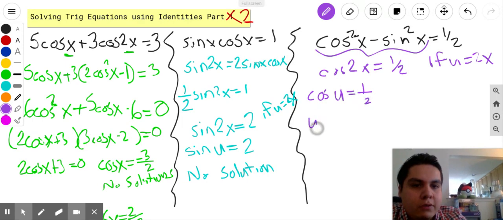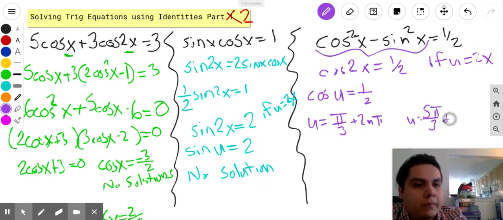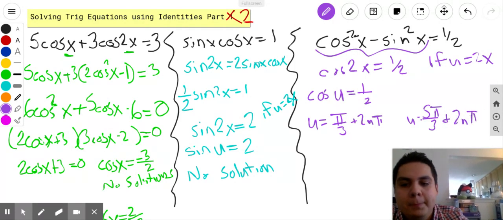So that means u would have to be pi over 3 plus 2n pi, or u would have to be, let's see, it's got to be in the fourth quadrant, so 5 pi over 3 plus 2n pi.